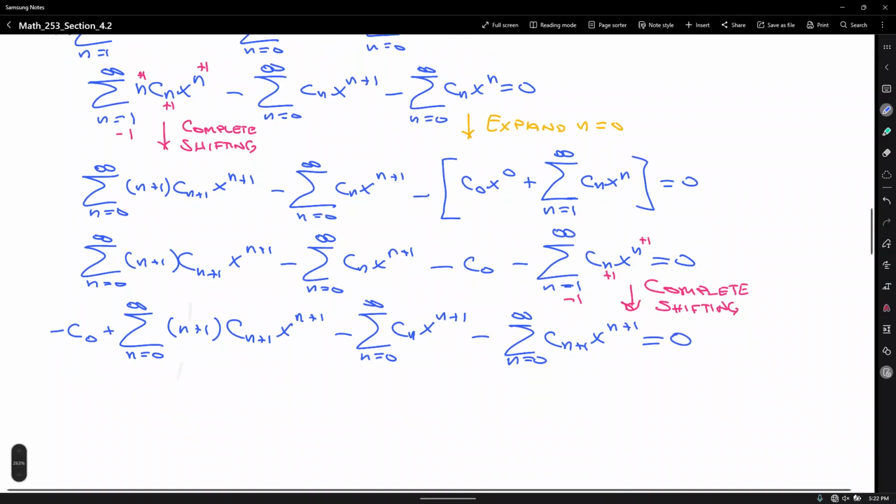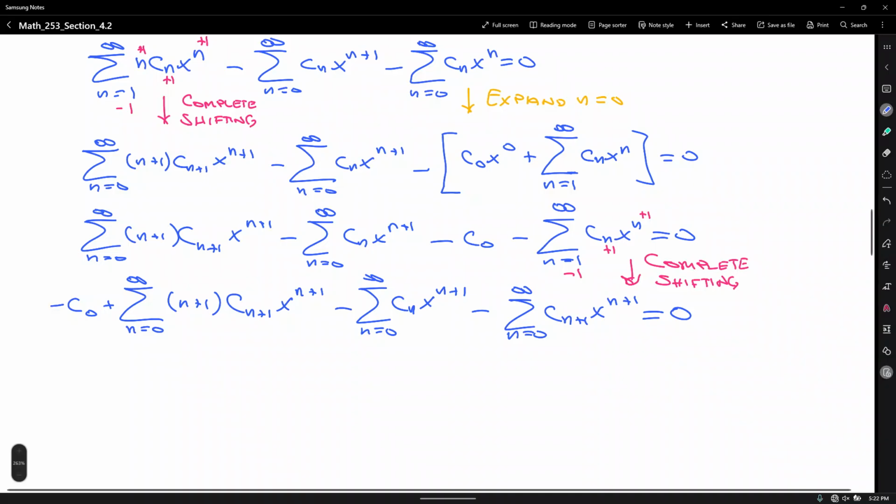So do we have like series finally? Do we have all the series with the same starting index and with the same power of x? Okay. So what do we do? Let's compress everything into one series. So negative c sub 0 plus sigma n equals 0 to infinity of, I'm going to write n plus 1 c sub n plus 1 minus c sub n minus c sub n plus 1 times x to the n plus 1.